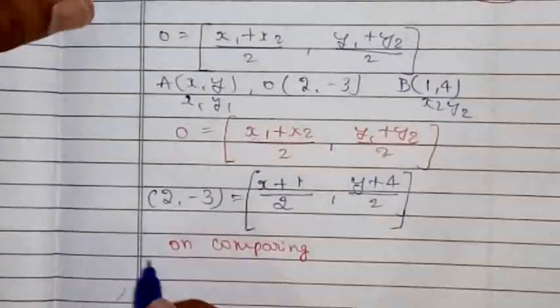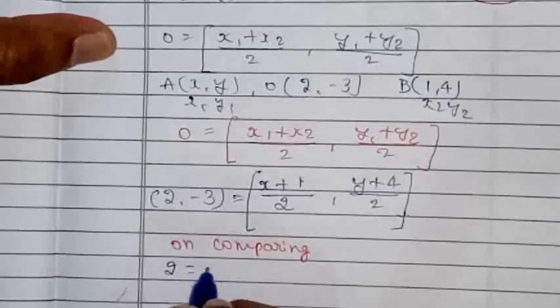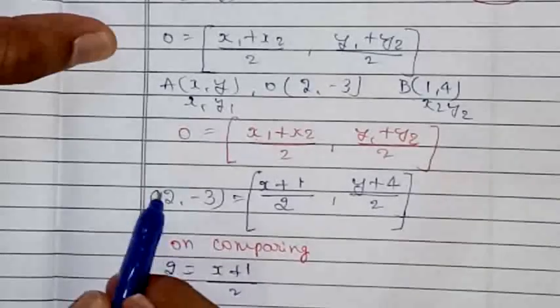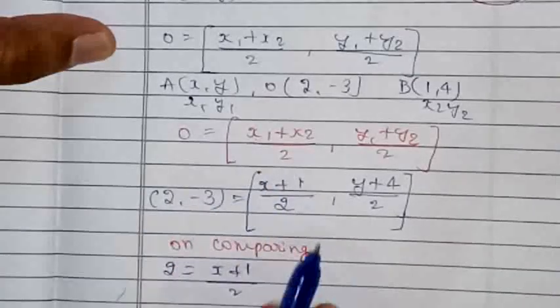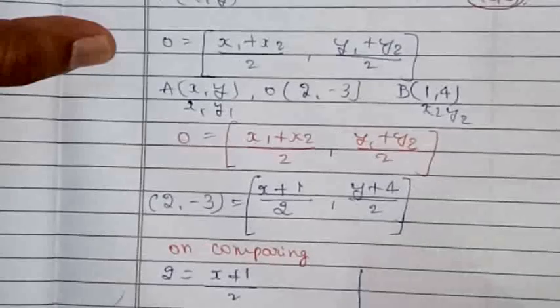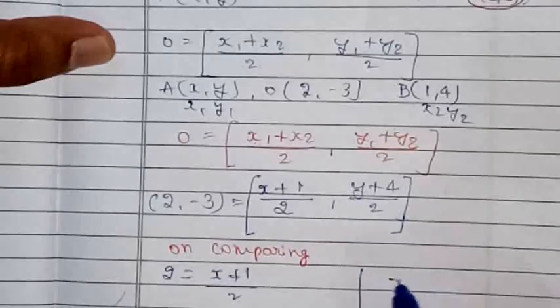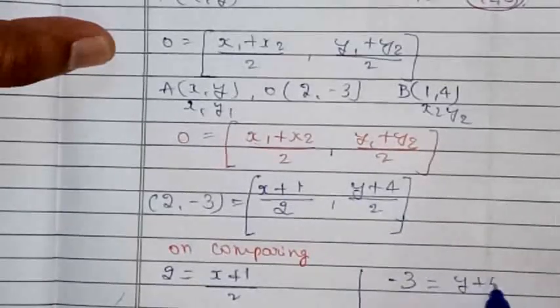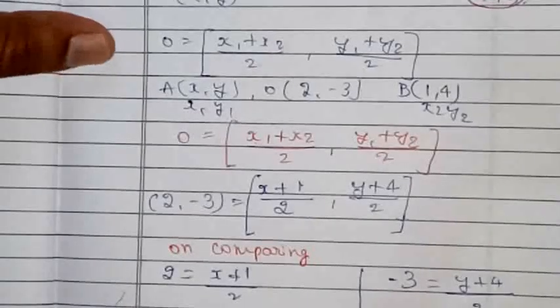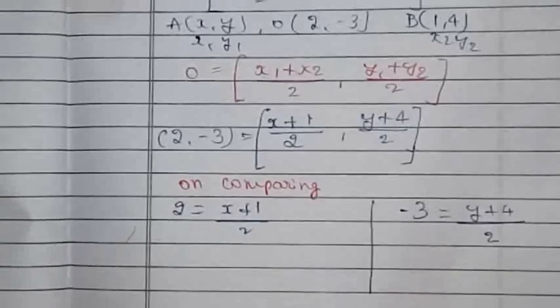So 2 equals to x plus 1 divided by 2, here x coordinates, right children? So therefore 2 equals to x plus 1 divided by 2. Here I will write the y coordinates. So minus 3 is equals to y plus 4 divided by 2. Now simplify this, so we'll get the values, right?